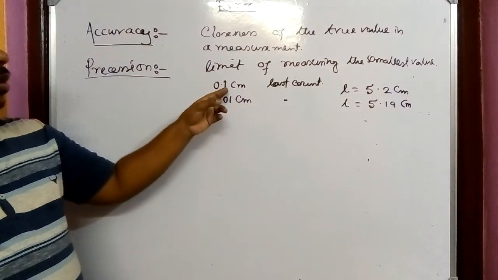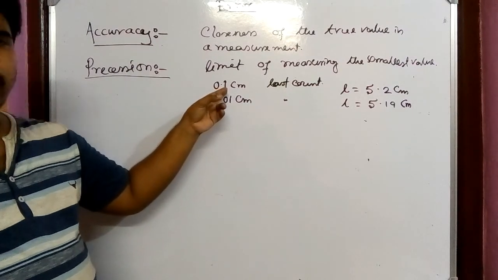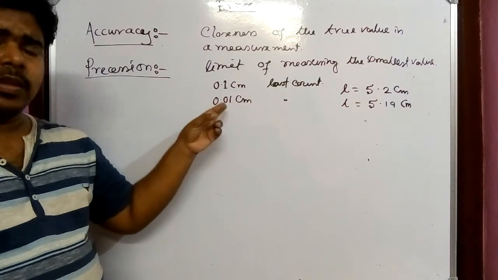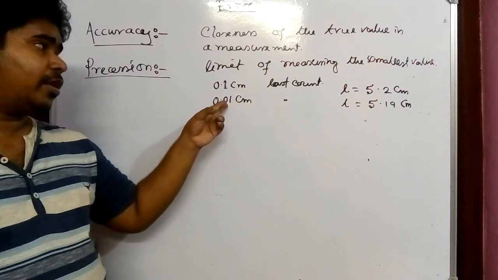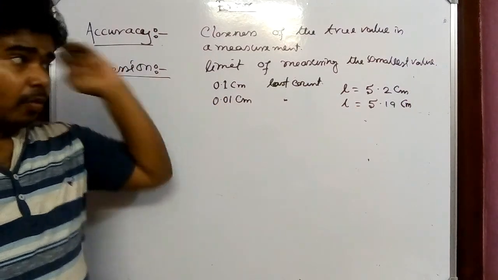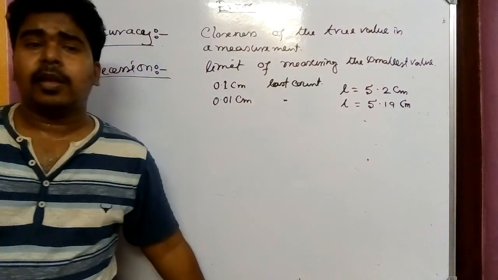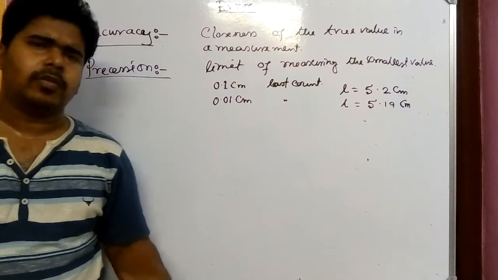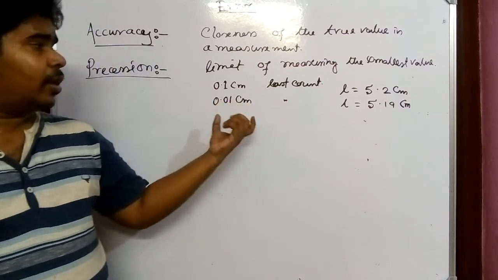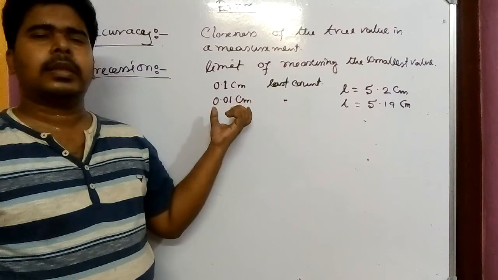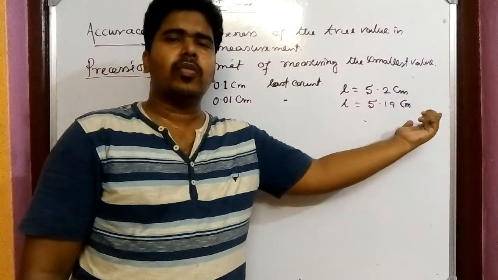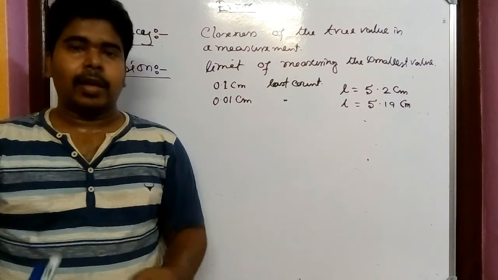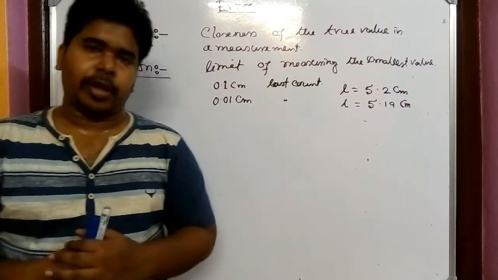For the first, the significant figure is 1, but whenever we get the digits here, the significant figure changes, it is 3. What is the reason? If the least count is smaller, then your significant figures will be more, and if the significant figures are more, then your value should be more accurate.